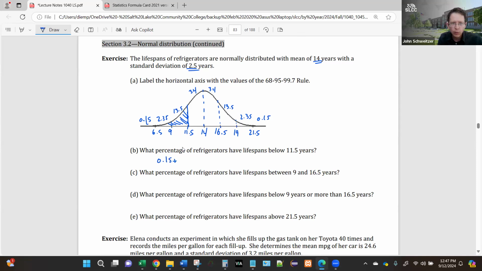It wouldn't be unusual for that to happen, but it's not very likely either. It's about 16%. Okay. So pretty likely it'll last more than 11.5 years, but it could go out, right? So that might be a good place to put in a warranty. But again, it just kind of depends on costs, etc.